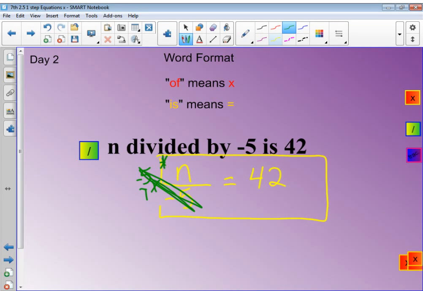And since I'm working a whole number on the right side, I can just say times negative 5. Okay, so 42 times negative 5 gives me 210. So n equals negative, because there was one negative, 210.